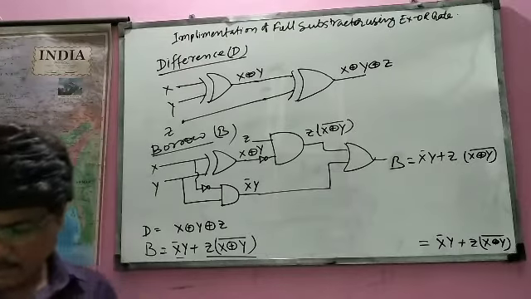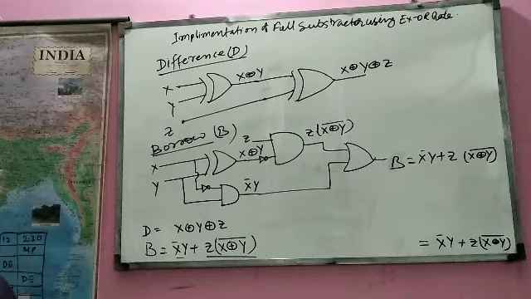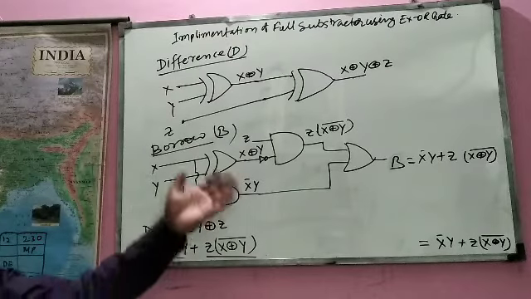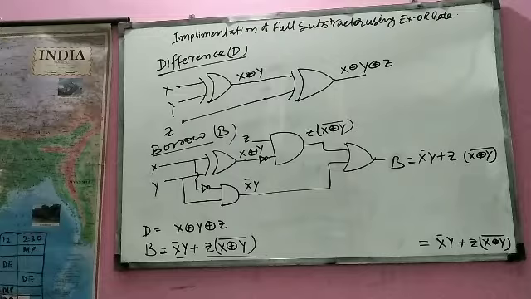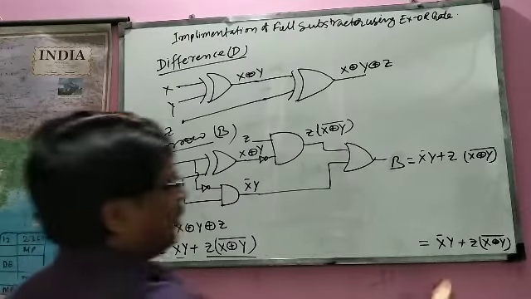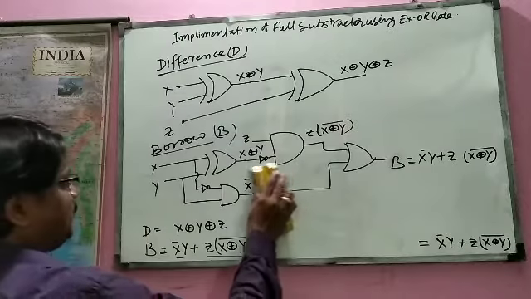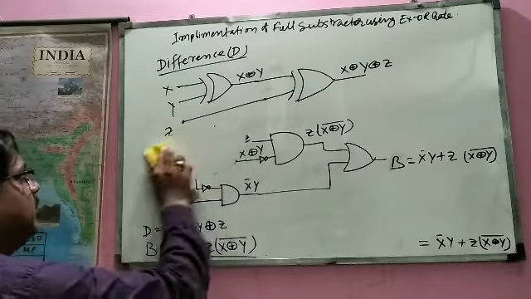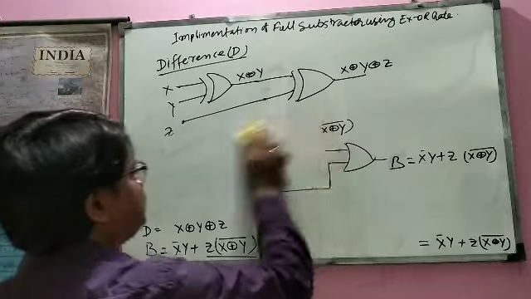But what will happen if we want to implement both of these in the same circuit? Okay, so let us see how it can be implemented. So delete this one.